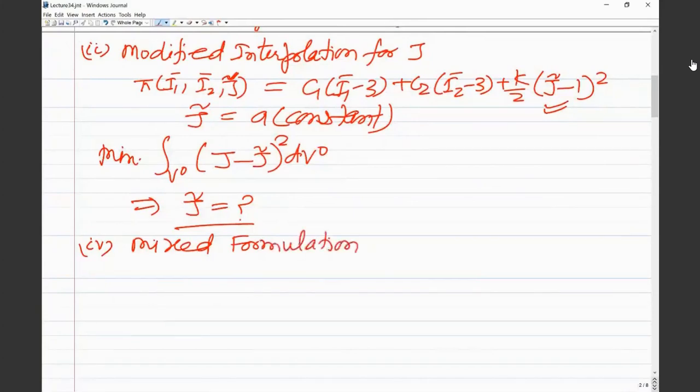Sir, I had one question. This J is generally the determinant of F, the deformation gradient matrix. Right. So, sir, if we find the determinant, higher powers of del u by del x and del v by del x terms come. Suppose in the exam you give us a problem where we have to expand this determinant, should we confine ourselves to first order, or neglect the higher order terms?